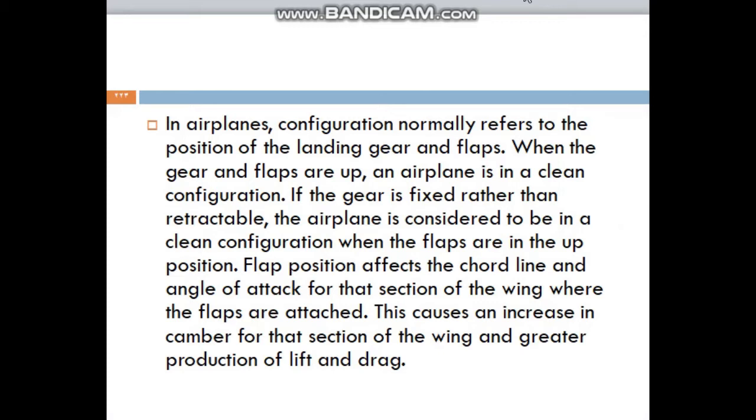When the flaps are in the down position, flap position affects the chord line and angle of attack for that section of the wing where the flaps are attached. This causes an increase in camber for that section of the wing and greater production of lift and drag.